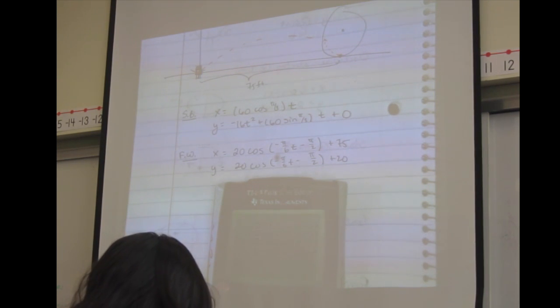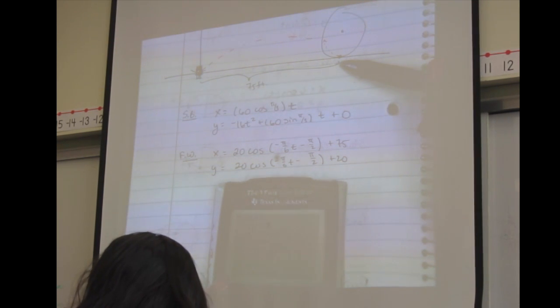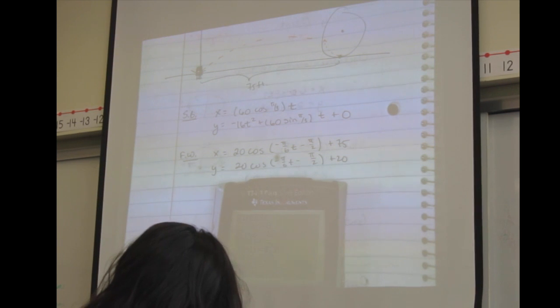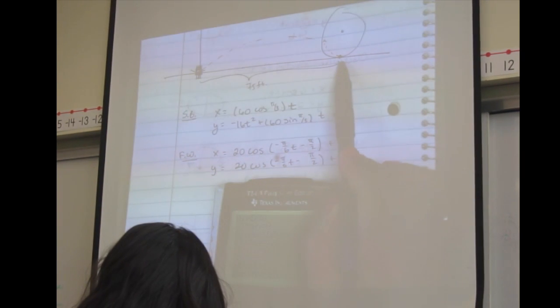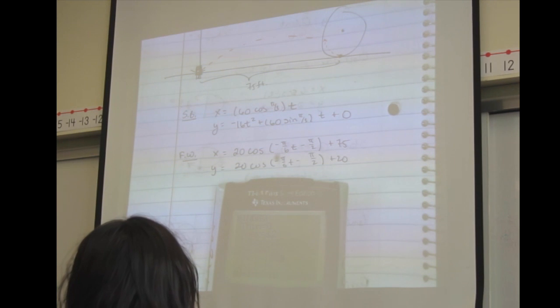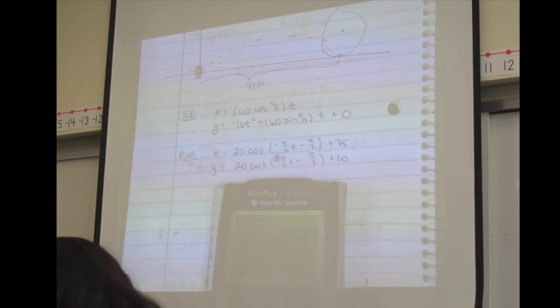I have to change my window. So X min 0, X max 75 plus 20, 75 to make it even 100.